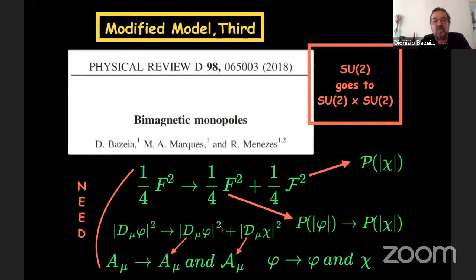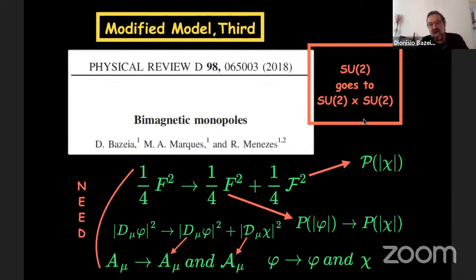And you have to double the degrees of freedom for the scalar field. We are using here phi and chi. But if you just do this, we have no interactions between the two sectors.